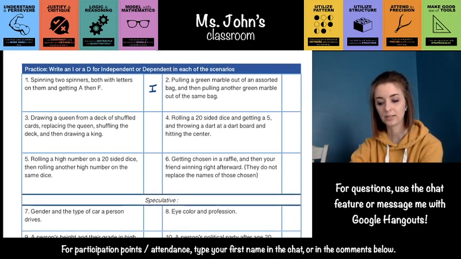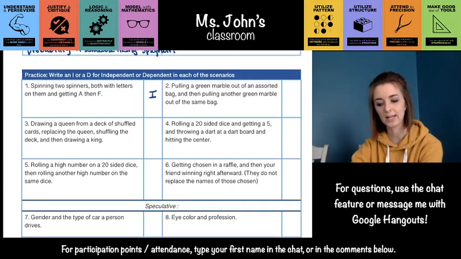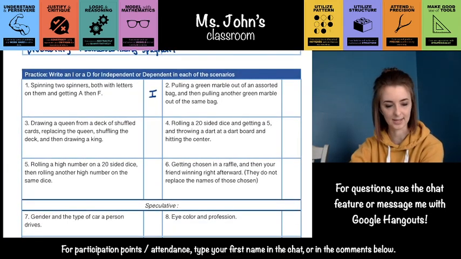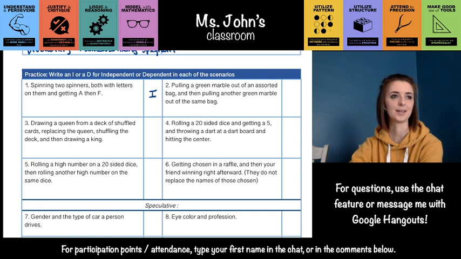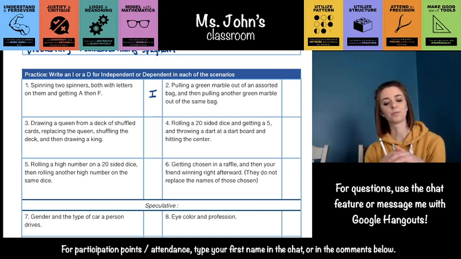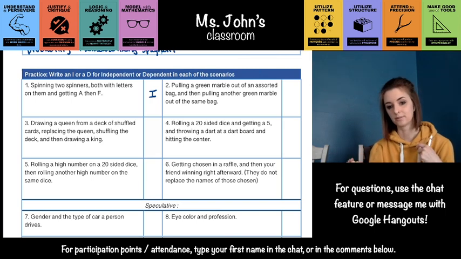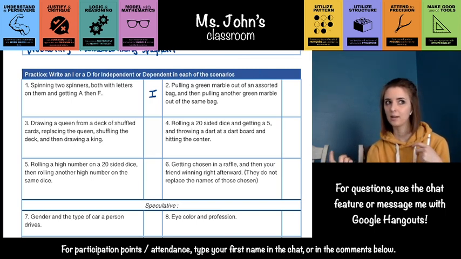Number two, pulling a green marble out of an assorted bag and then pulling another green marble out of the same bag. So this one is interesting because you would think drawing a marble out of a bag is a random event, right? However, if you have, say, a bag of marbles with a bunch of different colors mixed, and you draw out a green marble, then the next time you dip your hand in, the probability is different of getting a green marble, right?